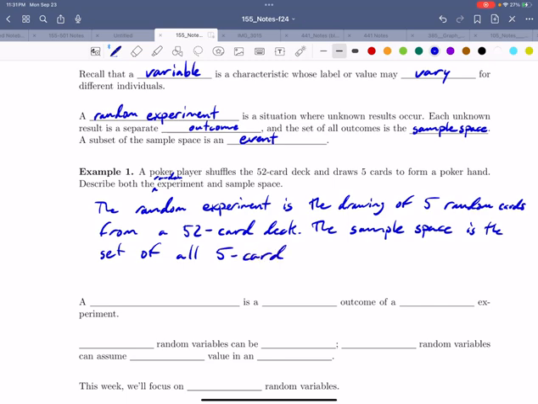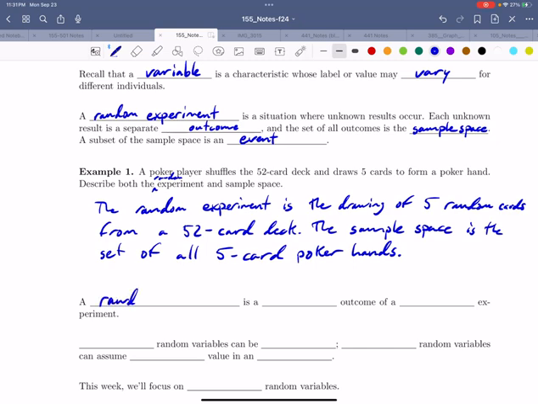Now you could say all collections of 5 cards, or if you want to be fancy, you could say all 5 card poker hands, right? Just because a hand is a set of 5 cards. So the set of all 5 card hands is the sample space.